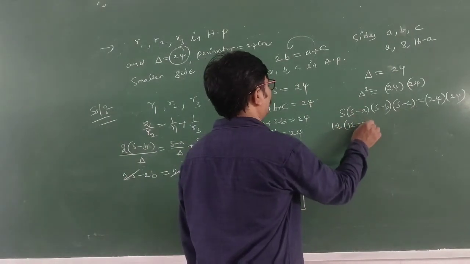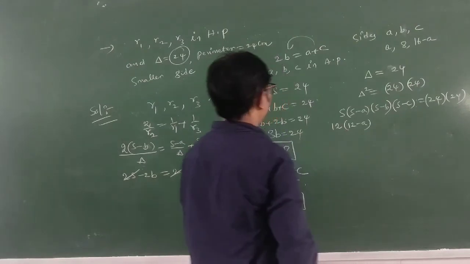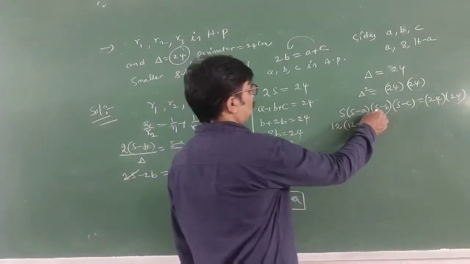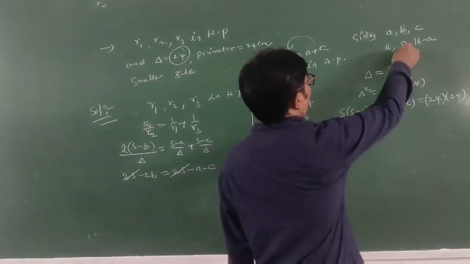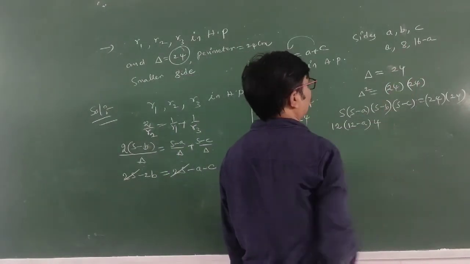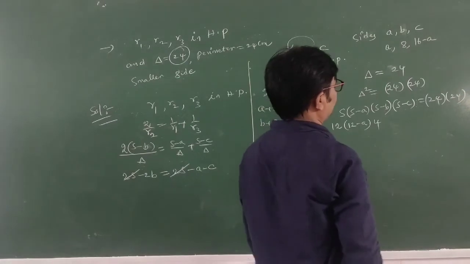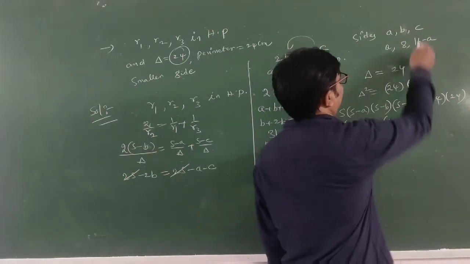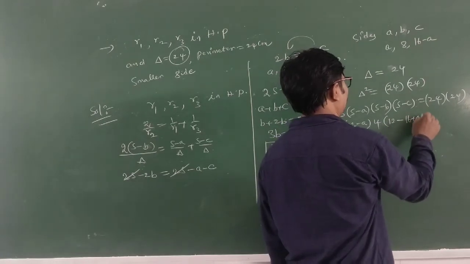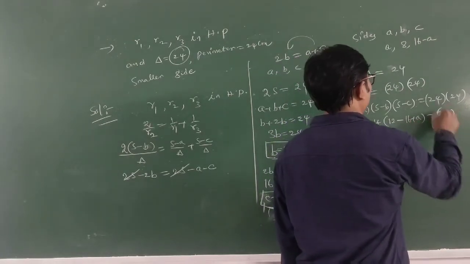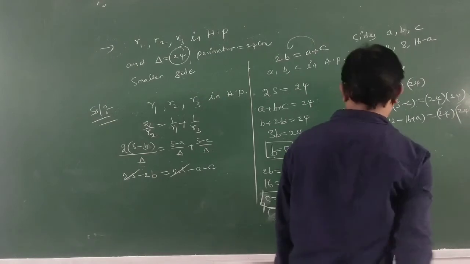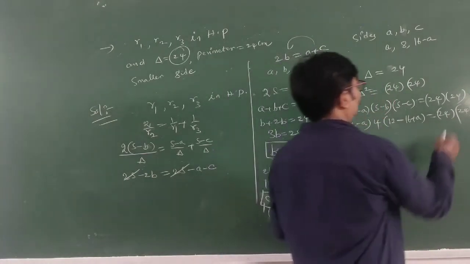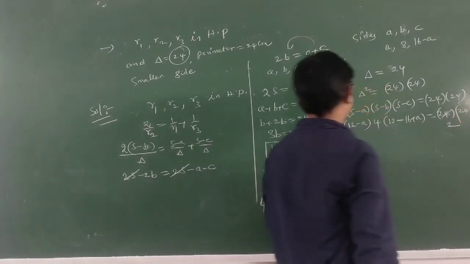After that, 12 minus A. After that, students, 12 minus 8, S is 12, 12 minus B, 12 minus 8, that is 4. S minus C: S is 12, minus C, 16 plus A, equal to 24 into 24.